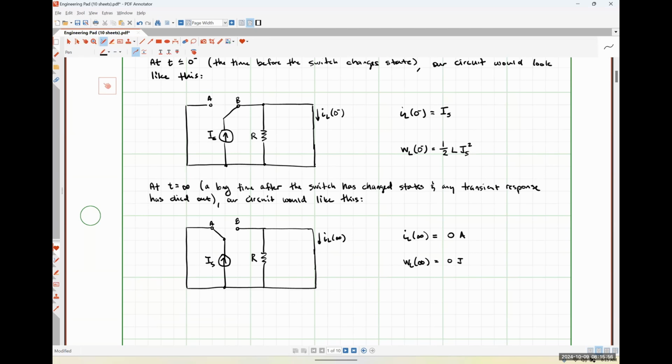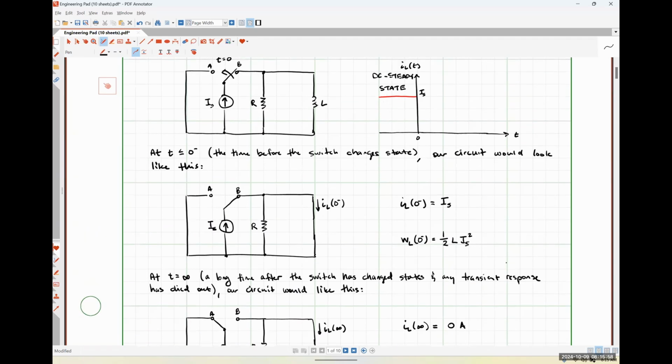If this point here, just an arbitrary point, represents infinity, some long time after our transient condition has died out, now our current is 0 again, and everything to the right of this line also represents DC steady state.